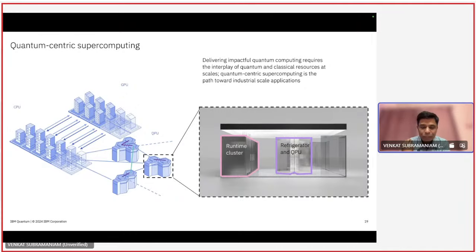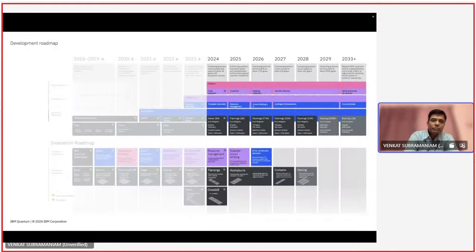People are using quantum and classical together to solve some of these problems. Whether it is molecular simulation or AI, in all of these problems people are beginning to use hybrid techniques.